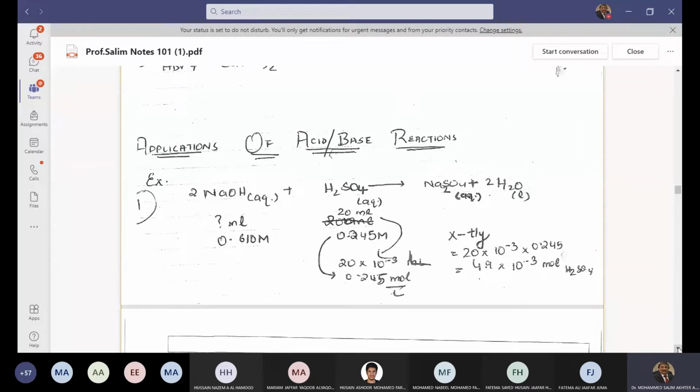In your conical flask, you take a strong acid or acid. You add 1 or 2 drops of phenolphthalein indicator. Why do we use an indicator? Just to make sure that we have completed the reaction, or reached the end point.